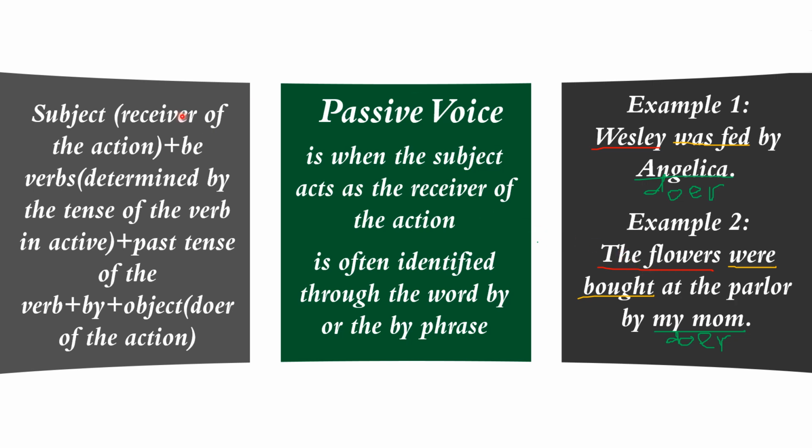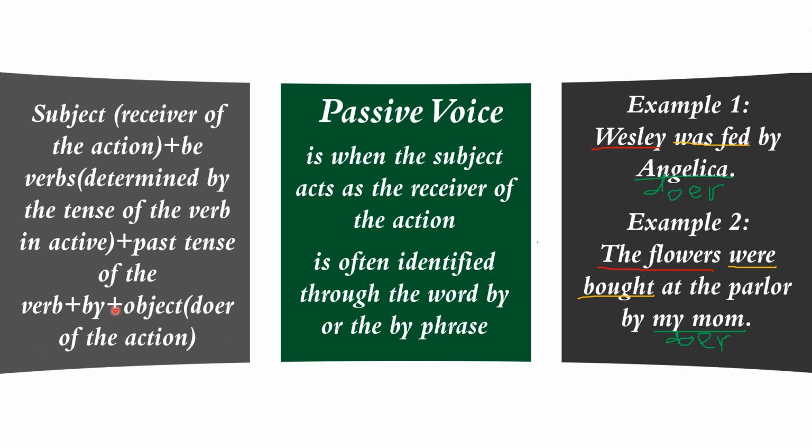The next one is the be verbs, determined by the tense of the verb in the active voice. The be verbs are is, was, and were. I already mentioned what the be verbs were a while back. The be verbs in the given sentences are was and were, and the past participles of the verbs are fed and bought.